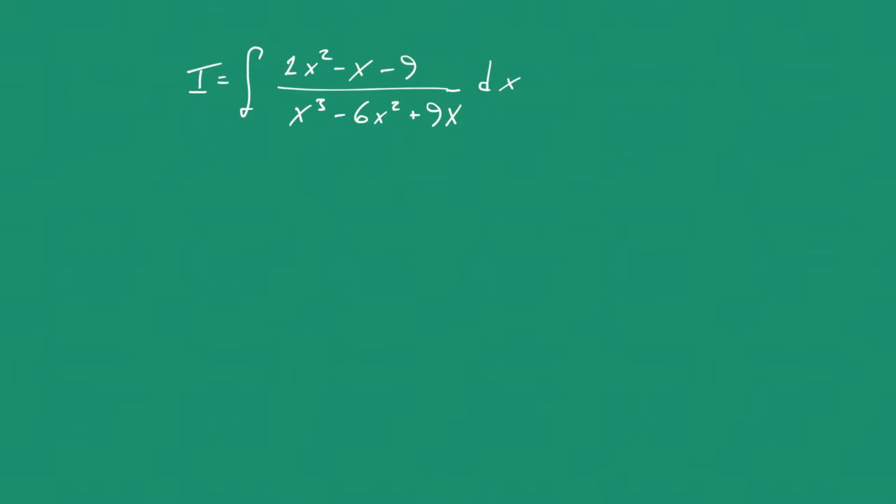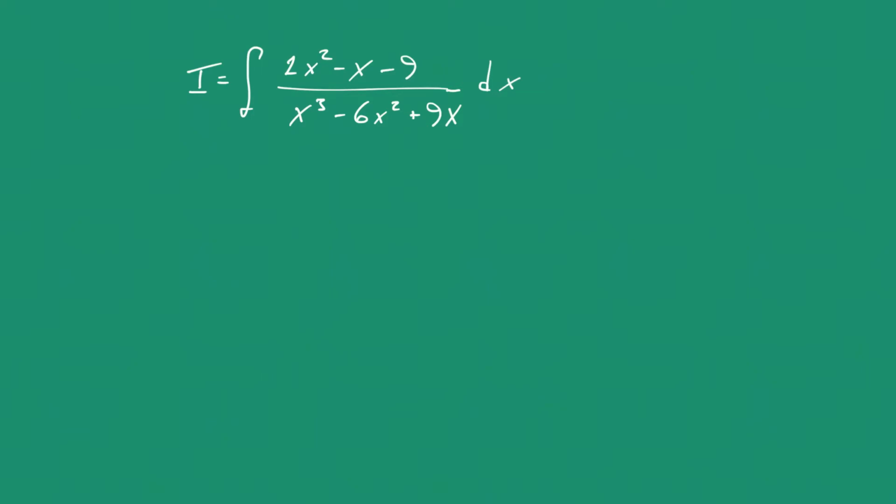So what do we do? Well, you notice that, in fact, this is a rational function. So we have a polynomial, a sum of powers of x, in the numerator over a polynomial in the denominator, a sum of powers of x. We also notice that the degree of the numerator, which is 2, is strictly less than the degree of the denominator, which is 3.